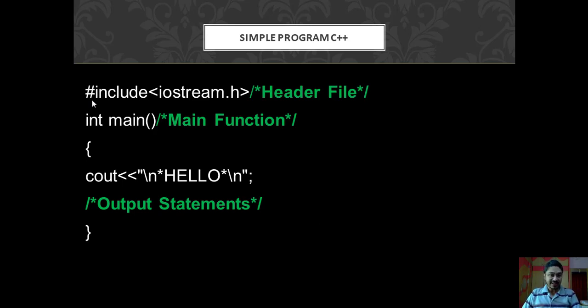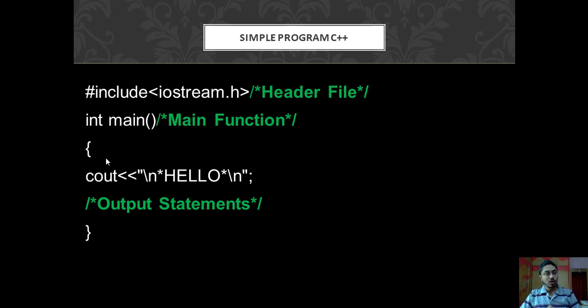The next line states int main. This is nothing but the main function. As I told you in the earlier lecture, the return type should be integer. We are saying that this function is going to return some value, and that value will be of type integer.